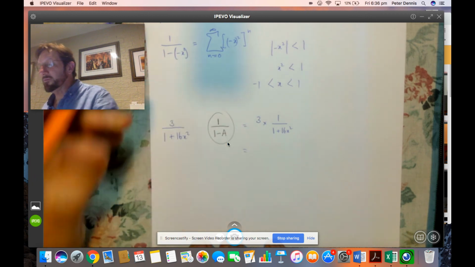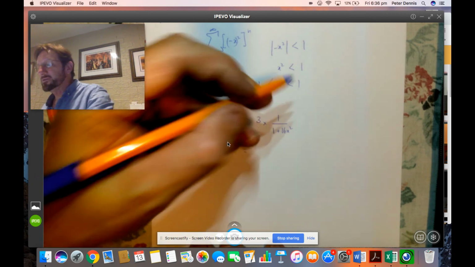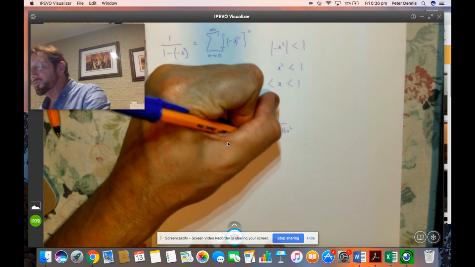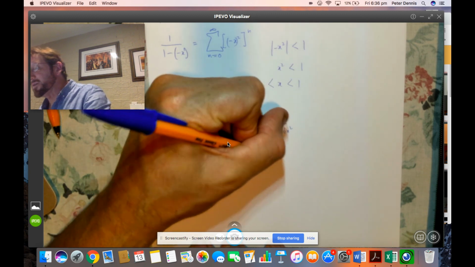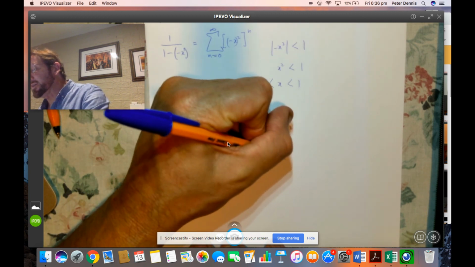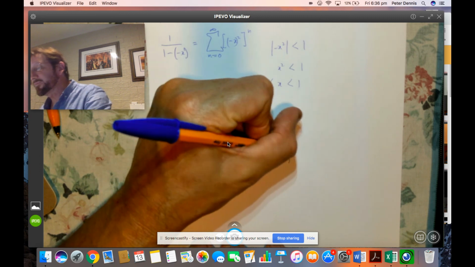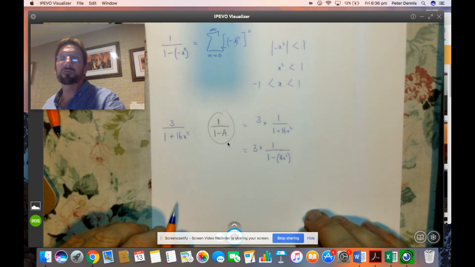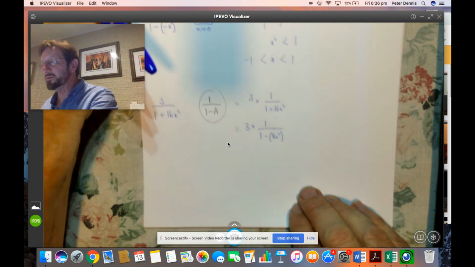Then we can write that. Remember, we want a minus in here, so it can be 3 times 1 over 1 minus minus 16x squared. And that's our form. We've got it in the form that we wanted it in.